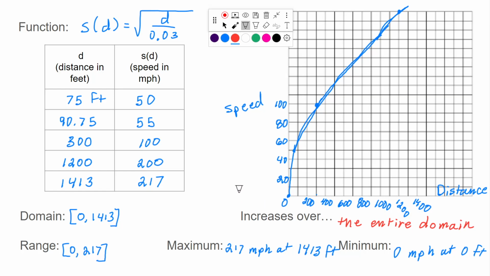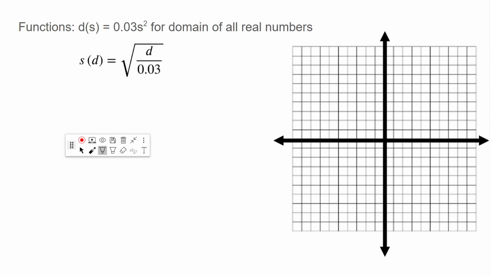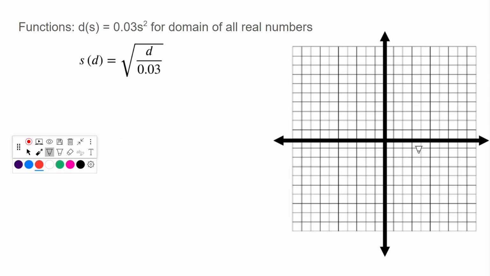Now, what if we weren't being held to this domain and range? What if we weren't talking about a car? What if we were talking about just any f of x function? Well, that would be for all of the x values.